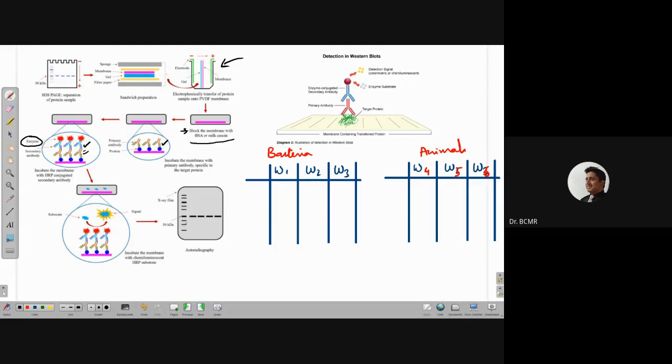That enzyme can convert a colorless substrate to a colored compound, which can be read as a signal. It can also be done using radiation, but this is much easier using the enzyme. You can find that anywhere. You can always go there.